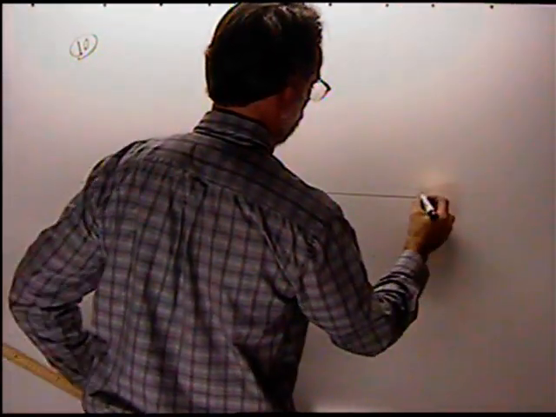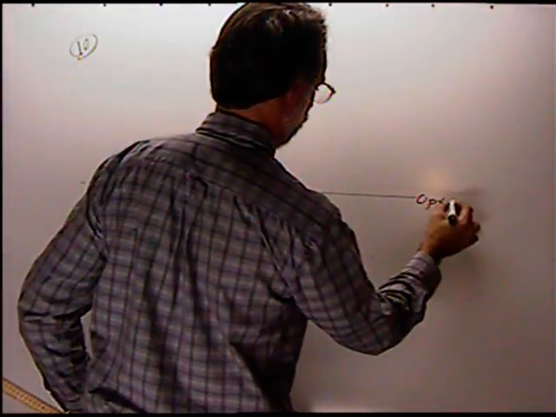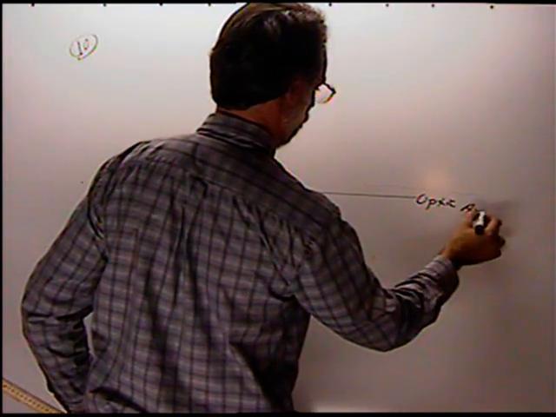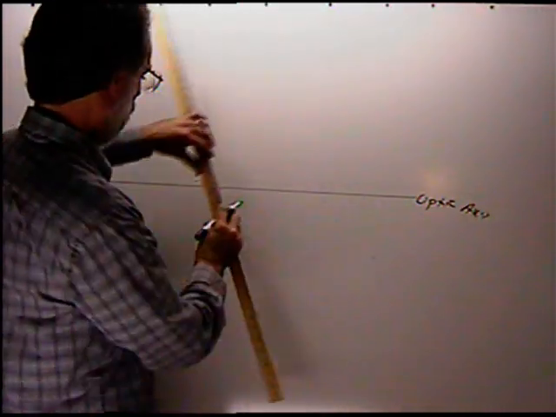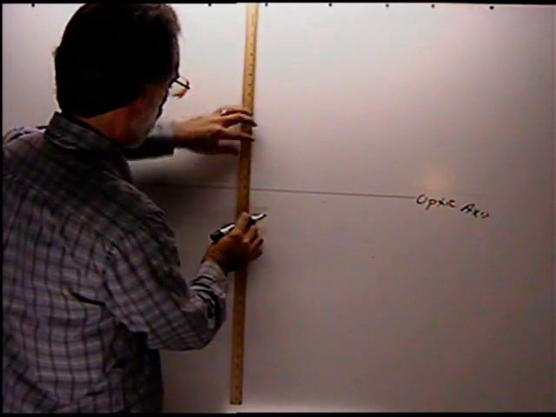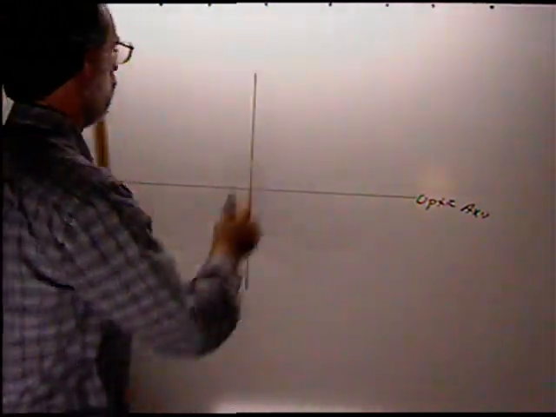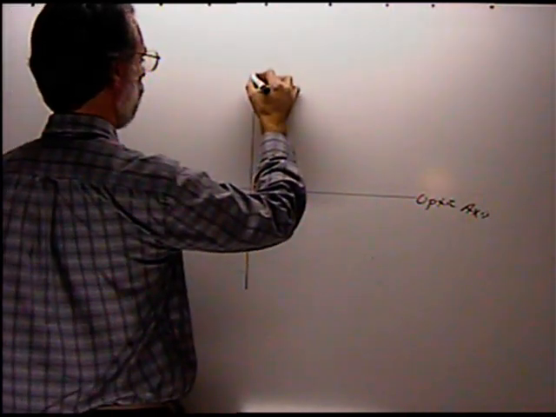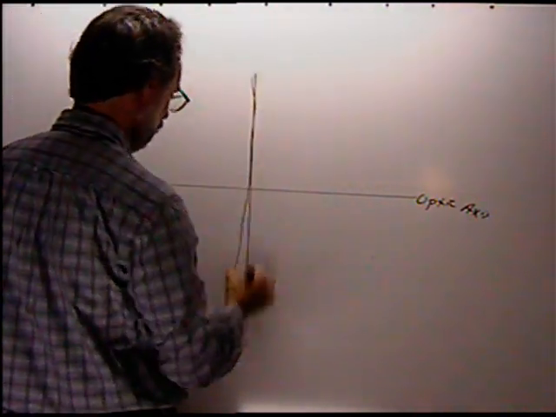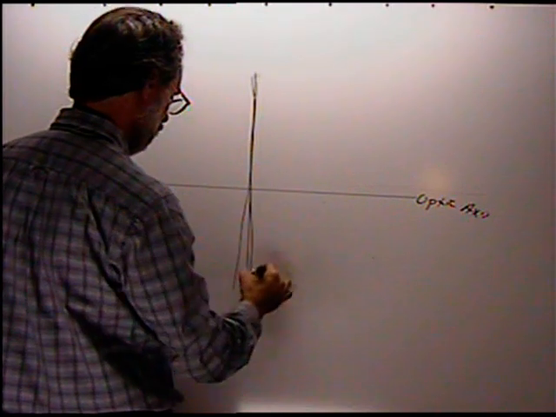Here's the optic axis. It's a diverging lens, which I'll draw to remind ourselves it's a diverging lens.